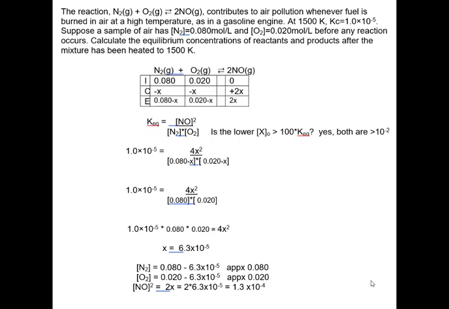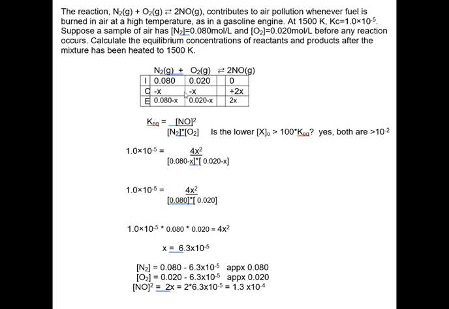In this problem, we are given initial concentrations of two reactants and asked to determine the equilibrium concentrations of all species. And the stoichiometry here is 1 to 1 for the two reactants, but the product has a 2 in front of it, so we have to take that into account in our ICE table. So we show the initial concentrations of the reactants, starting with 0 concentration of the product.